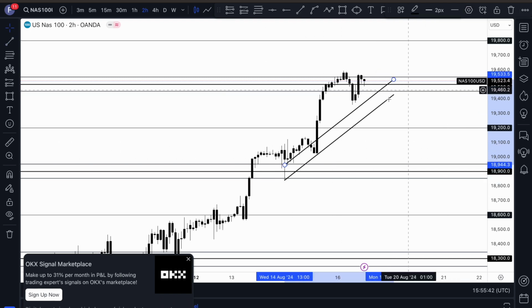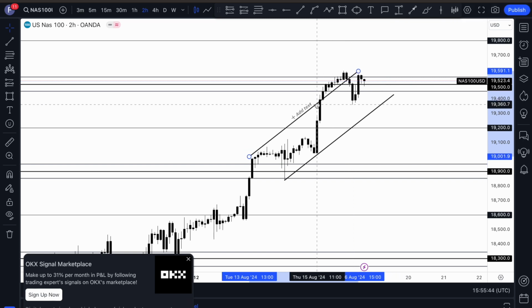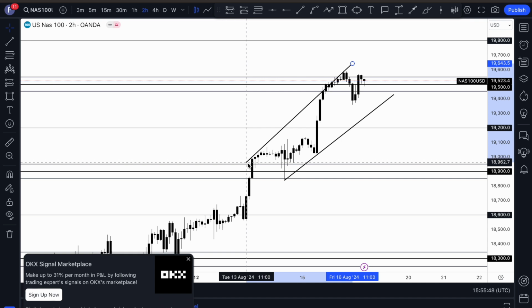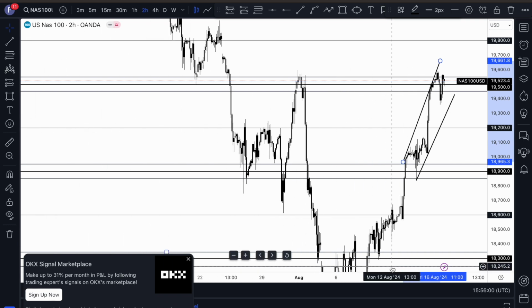So meaning I'll just have to put something which is like this, then I can just cater for these touches here. Then I'll just wait for the market to break and retest. So that's basically what I'm looking at.